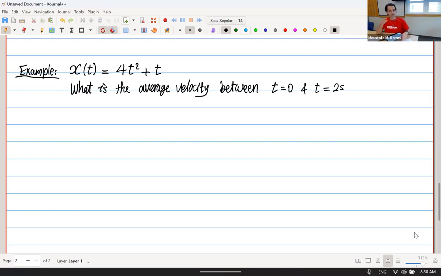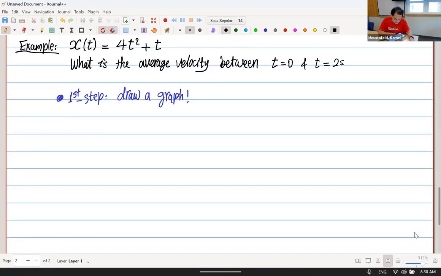So in that case, the first step is to draw a graph. And I always find it helpful to write down a table. Even if this is elementary, I still find it useful.